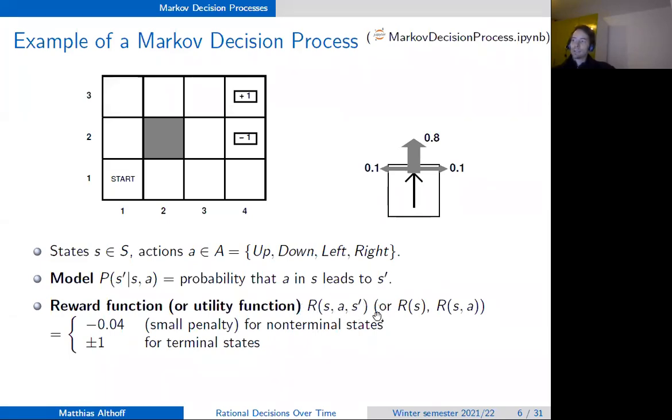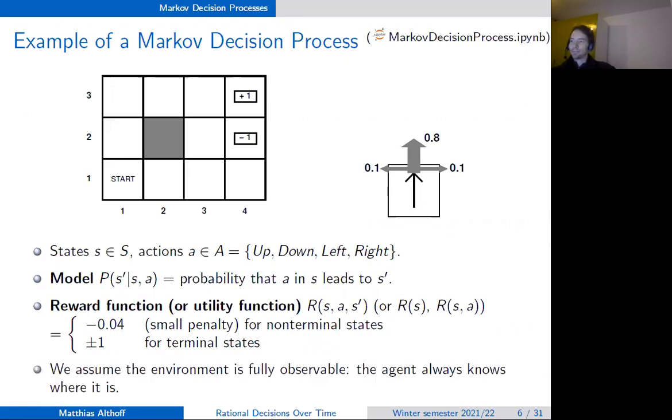So overall, we could simplify the lecture using this. However, in the exercise, the R(S) case is still used in some exercises because you have to calculate less, so the formulas are simpler. And as I said, we assume the environment is fully observable, so we know the state. If it's not, then you have a partially observable Markov decision process, or POMDP.